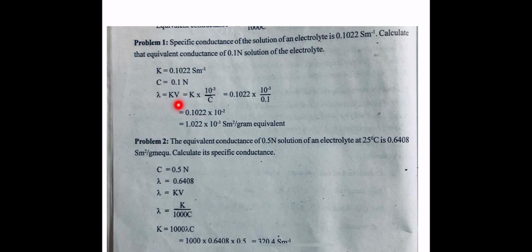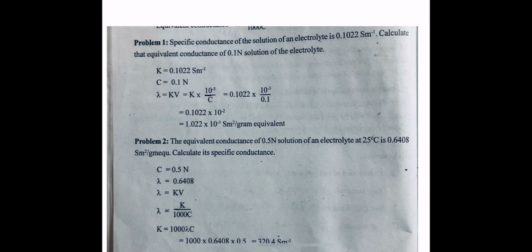So lambda is equal to K into V. Substitute the values here. The cell constant is not needed here, because since we are taking the value of V, we are just substituting the value, and then we are going to get 0.1022 into 10 raised to minus 3 divided by 0.1.